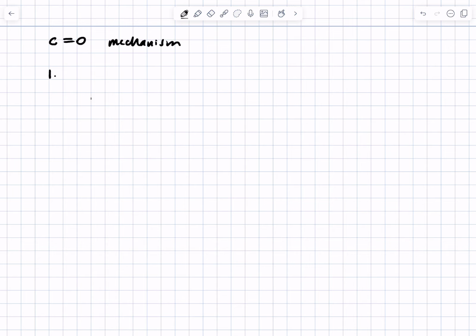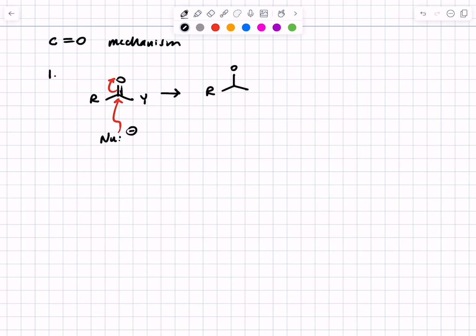The first one that you've seen so far that we talked about last time is nucleophilic attack. That is, the nucleophile attacks the pi star, breaks the carbon-oxygen pi bond, and gives you what we called a tetrahedral intermediate. Okay, so that's nucleophilic attack.